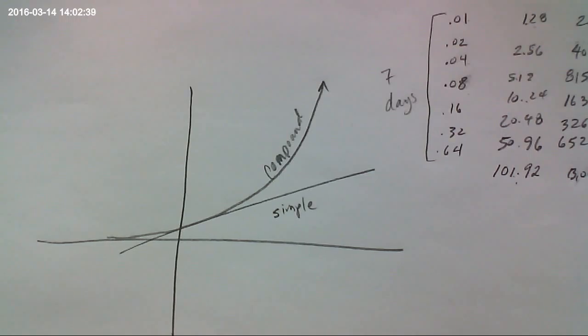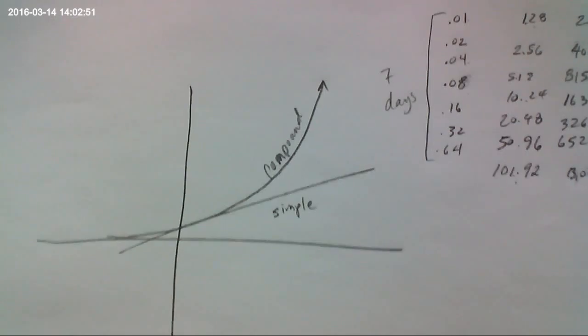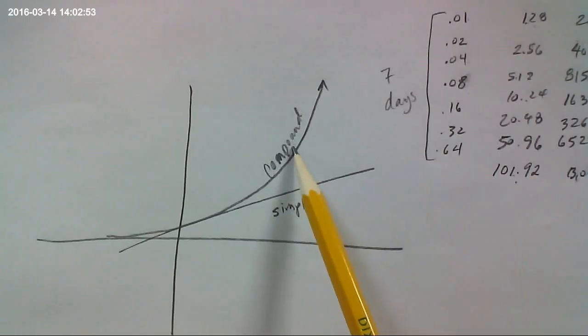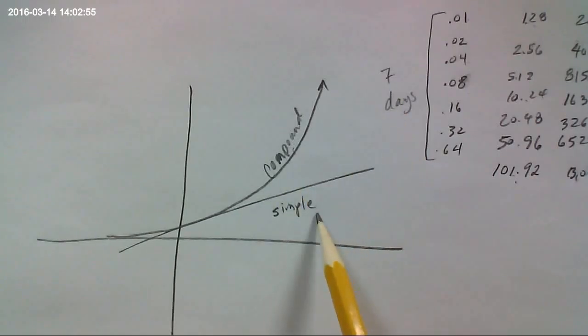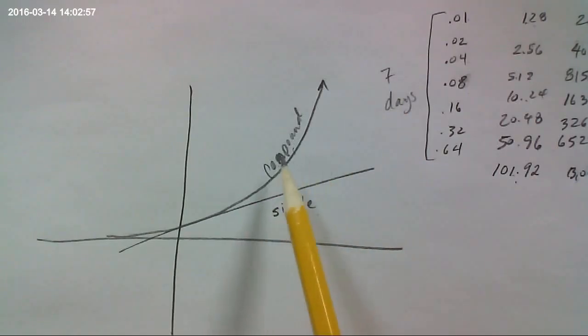It's not good. So here's the thing. On your Cambridge exams or your quiz on Friday, you'll be given the same scenario, and it'll ask you to figure out what the compound interest would be versus what the simple interest would be. This one's bigger. And if it's not bigger, you messed it up.